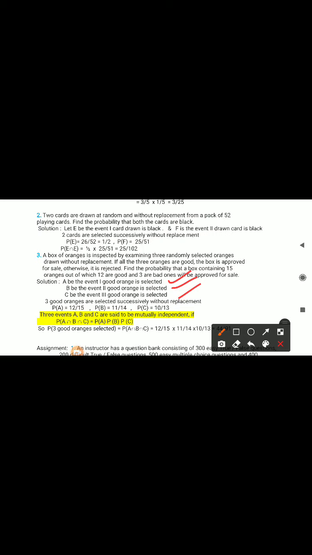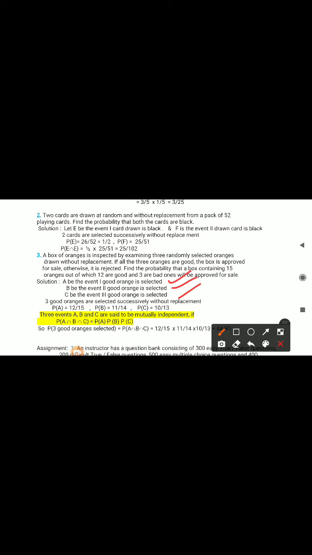Now P(A) will be equal to 12 by 15, because there are 12 good oranges and 12 plus 3, total oranges, are 15. Now P(B) will be 1 less, 11 by 14, and P(C) will be 10 by 13.